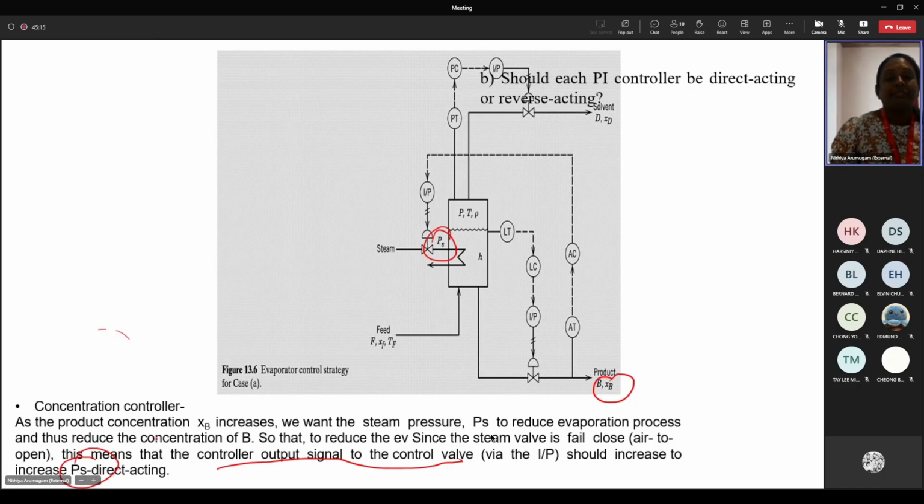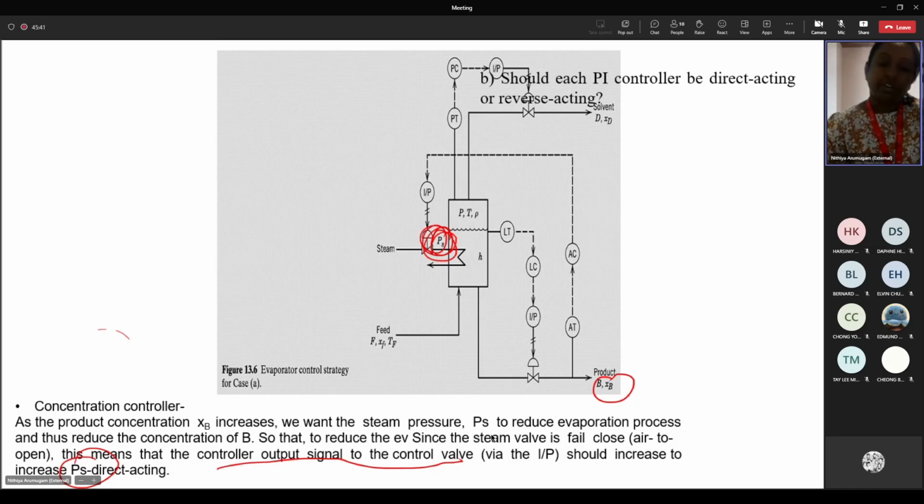If the steam valve fails close, the controller output signal to the control valve should increase to increase the steam's pressure. So this is about the example.